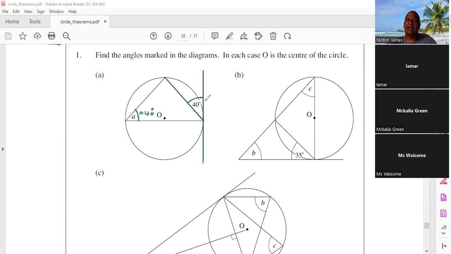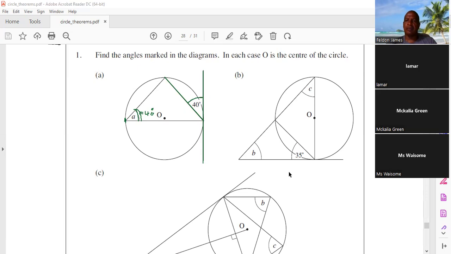So this angle here with the tangent and the chord is the same as the angle that the triangle forms at the circumference. That's the alternate segment angles. All right, this way, sir. Yes, sir.